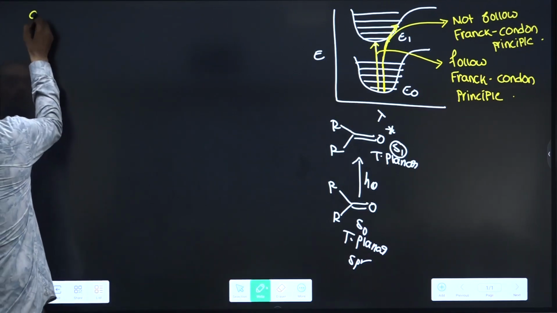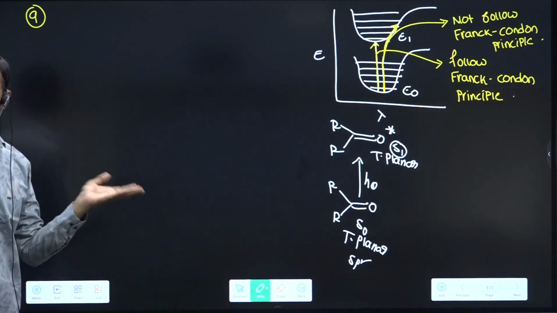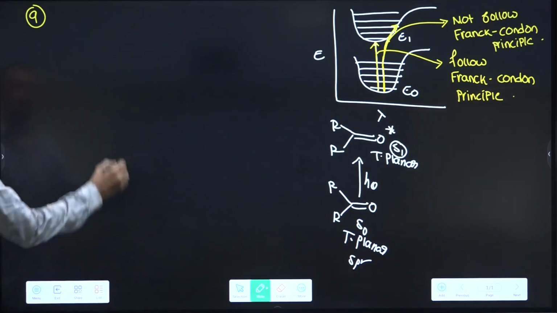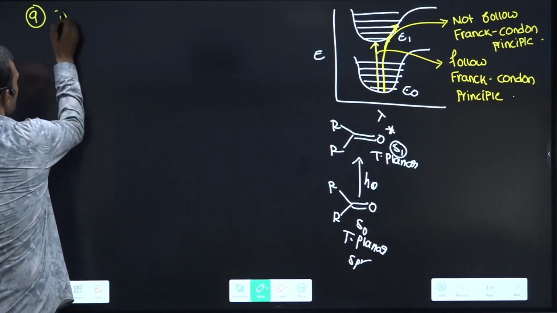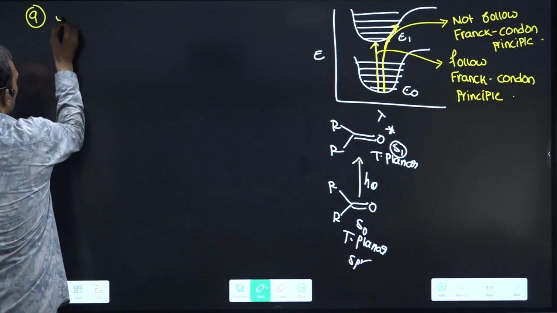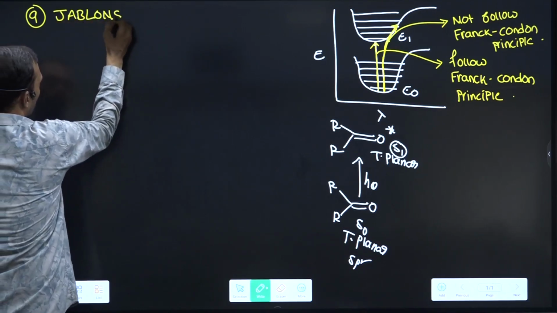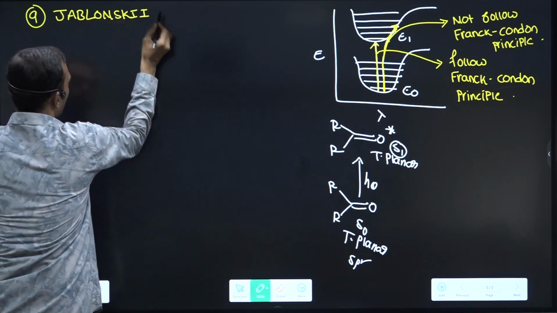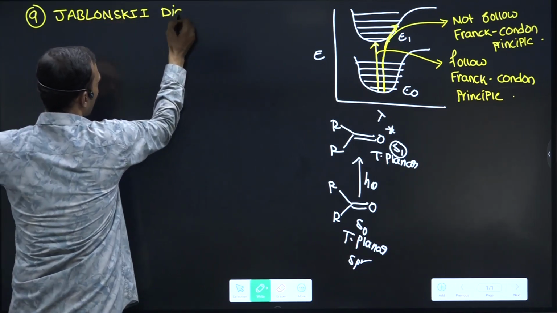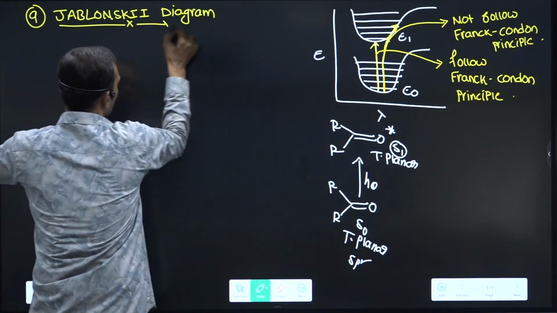So that is about electronic transitions, types of electronic transition, multiplicity, Hund's rule of maximum multiplicity, what is allowed, forbidden, followed by the Franck-Condon principle. So next is the Jablonski diagram.